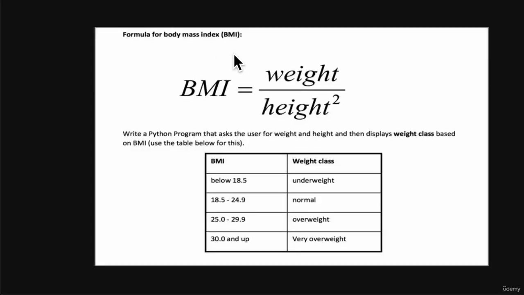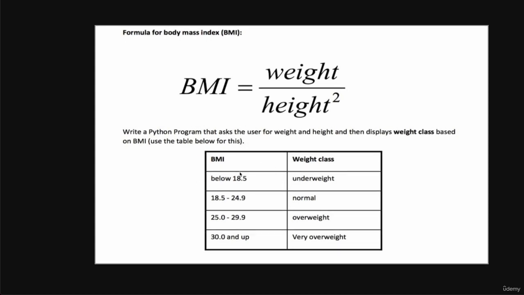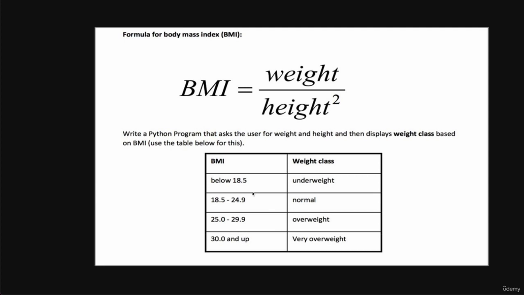We got the formula, and by the way, I'm going to leave all the resources in the resources section. But the BMI calculator that I want to create is going to tell us if we're underweight, normal, overweight, or very overweight.